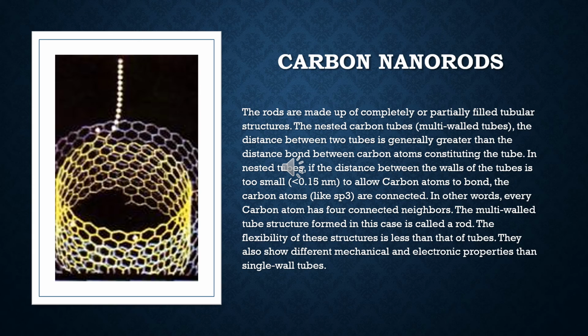In other words, every carbon atom has four connected neighbors. The multi-walled tube structure formed in this case is called a rod. The flexibility of these structures is less than that of tubes. They also show different mechanical and electronic properties than single-walled tubes.